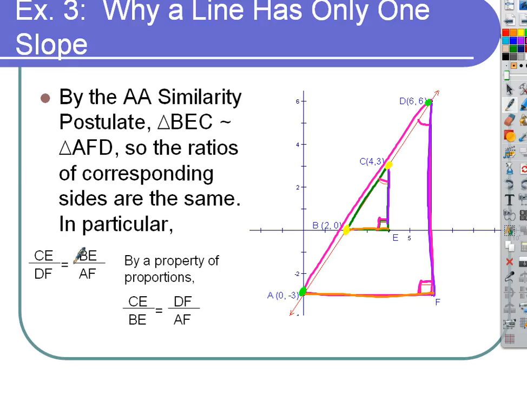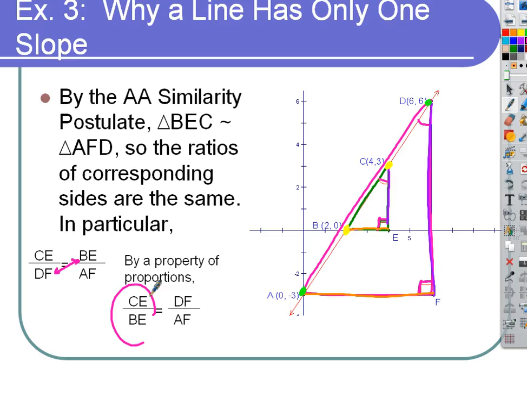I know that I can exchange diagonally. If I have a ratio equation, remember we learned some properties. One of them is that I can do an old switcheroo diagonally. So the BE is going to go down to the bottom of the first fraction, and the DF goes to the top of the second. So we end up with this new fraction. Well, look at that.